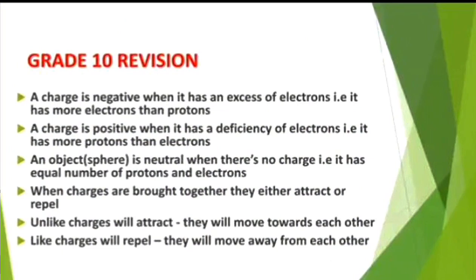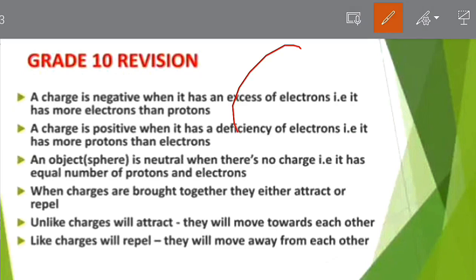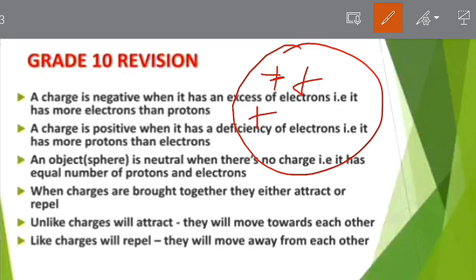So you will remember in grade 10 we said that we have two types of charges. We have a negative charge and a positive charge, right? So point number one is saying a charge is negative when it has an excess of electrons, meaning it has more electrons than protons. So if we had to indicate this one, let's say this is a charge, but then with this one we can see there we have our protons indicated by the positive, but then we have more electrons, right?